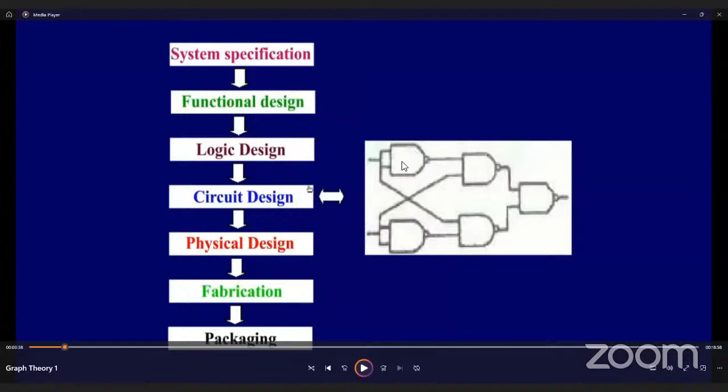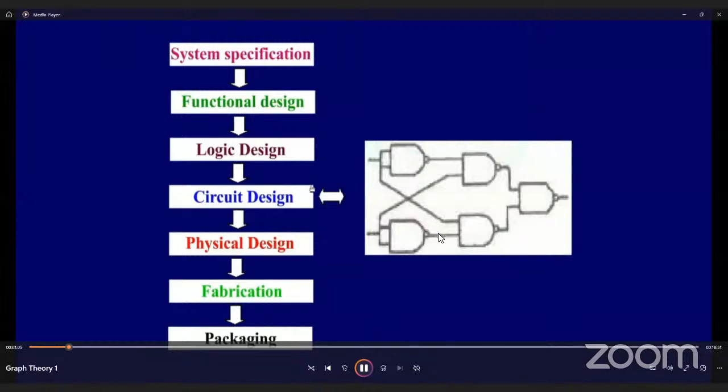So these are modules or gates, and the connections between the gates or modules. That is the circuit design.